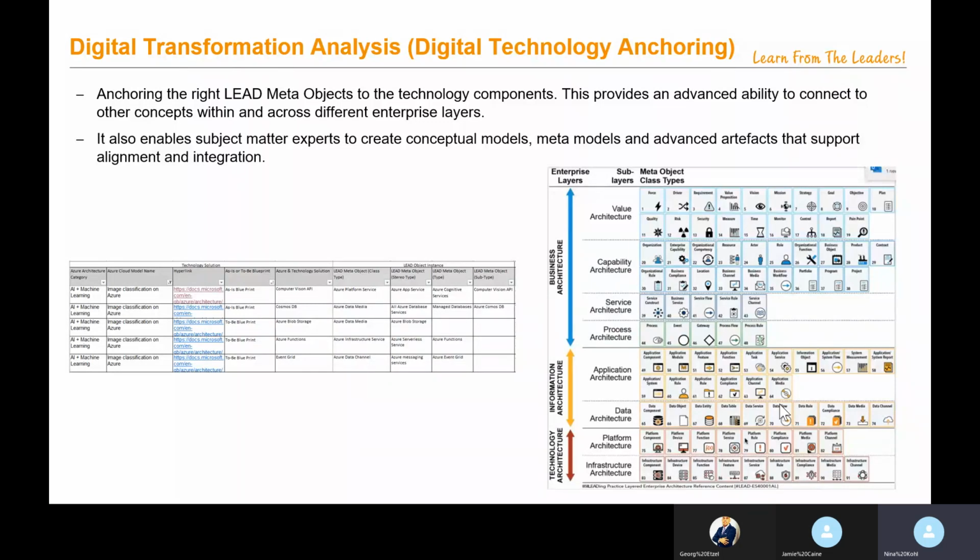It enables me to create conceptual models, meta models, and advanced artifacts that support alignment and integration. So I matched the components, and what I found is that we have a platform service, which is the computer vision API. We have data media, which is the Cosmos database and the Azure blob storage. We have Azure functions as an infrastructure service, and we have the event grid as a data channel.